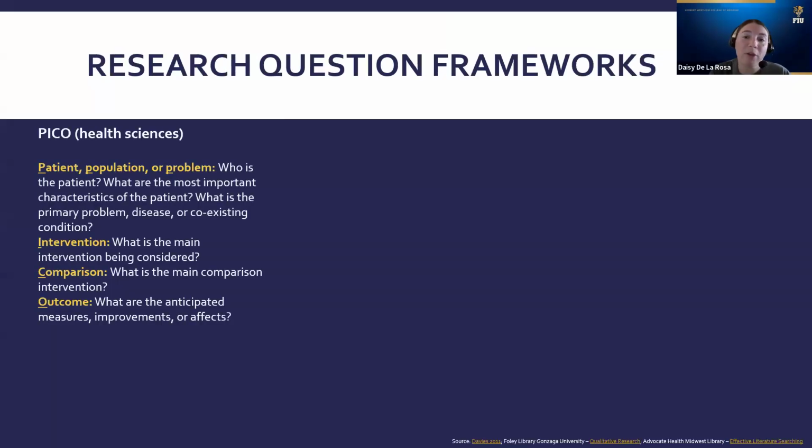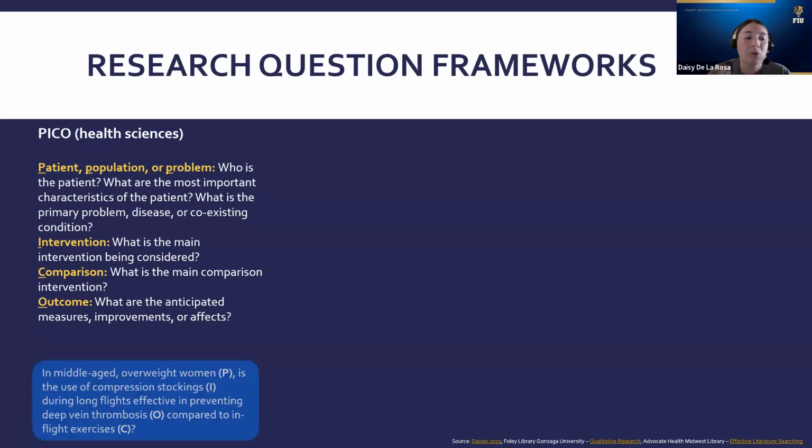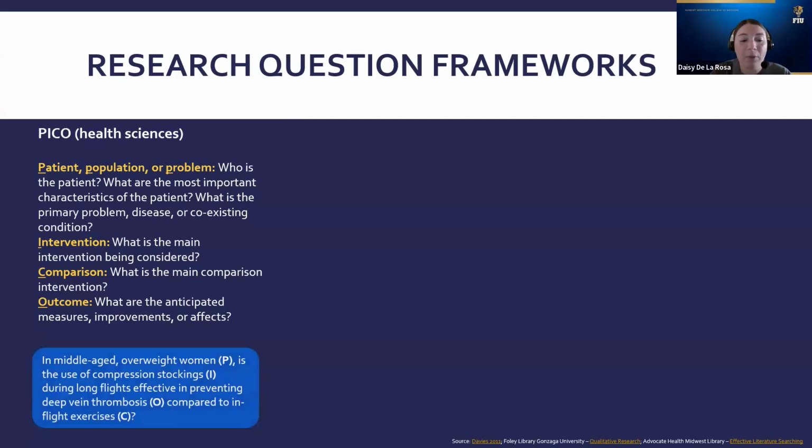So we're going to have these research question frameworks. Your question should fall into one of these. These are some of the big three, but there might be others out there. For the health sciences it's going to be PICO, where each letter stands for something that you should be considering in that question. So in the example, in middle-aged overweight women, we have our P, the population.